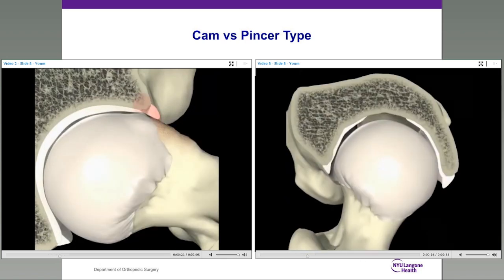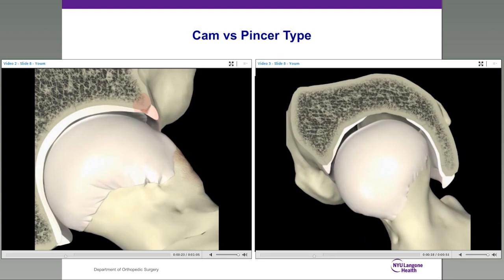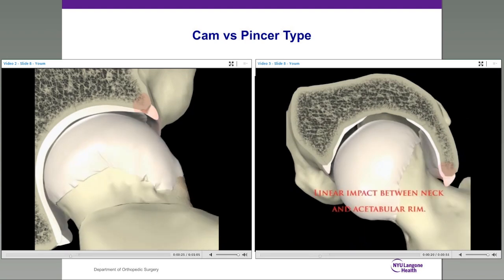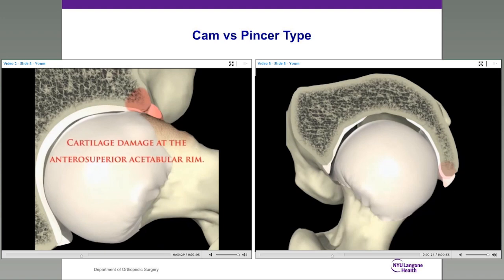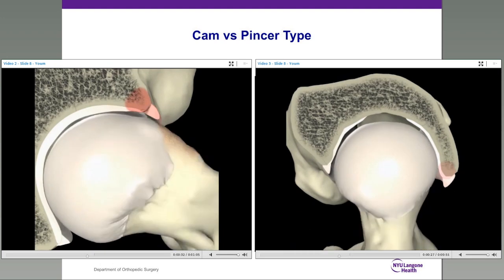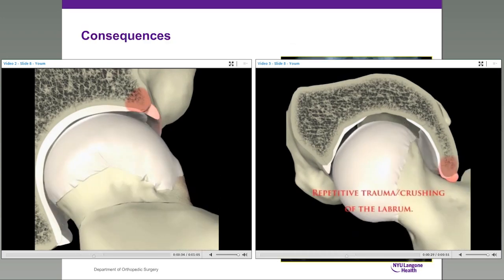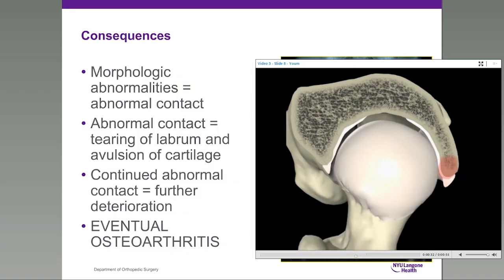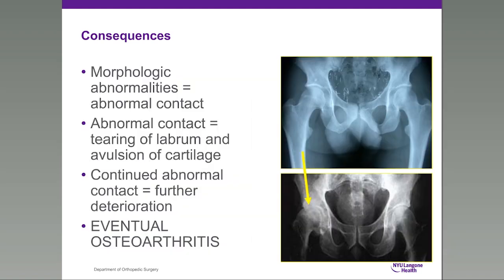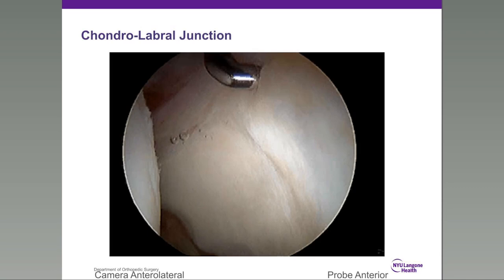And you can see on the left, the cam impingement typically disrupts the junction of the labrum and the articular cartilage, whereas on the pincer, you see more just linear contact or crushing of the labrum itself, not so much the articular cartilage. So these morphologic abnormalities lead to abnormal contact, tearing of the labrum, avulsion of the cartilage, and eventual arthritis, and we're trying to avoid hip replacement in these younger patients.